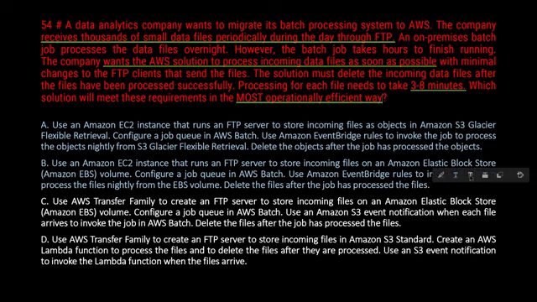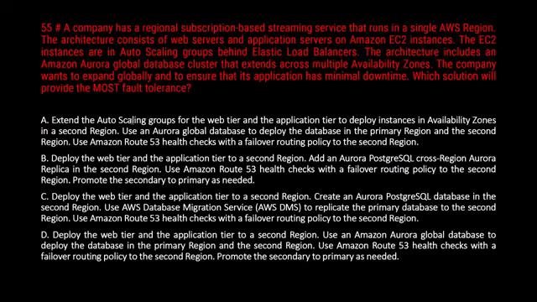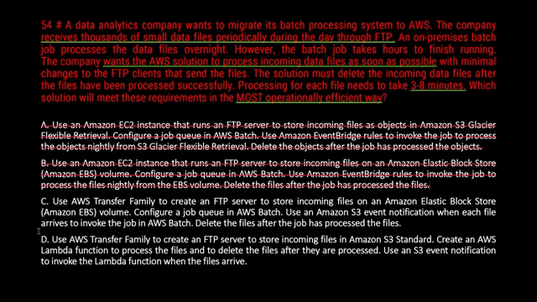Because they are talking about spinning up an FTP server. Whereas C and D both use AWS Transfer Family, which is just a service that you use to FTP the files. This one FTPs to store incoming files on EBS, and this one stores them on S3.